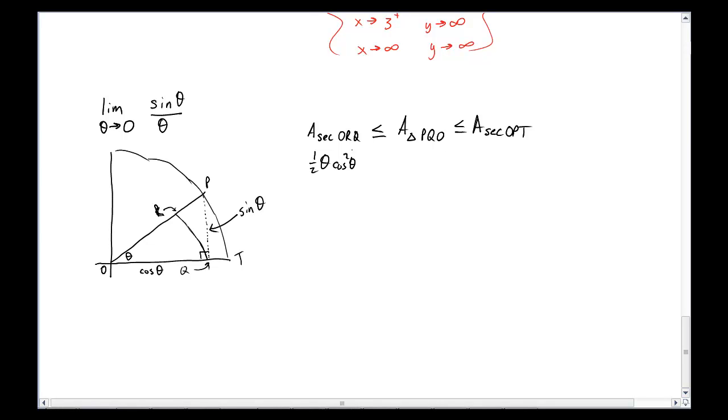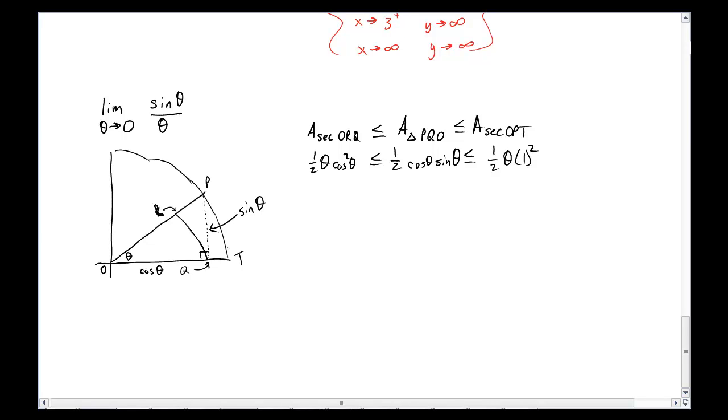And I can get the area of the triangle, which is going to be 1/2 the base, which is cosine of theta, times the height, which was sine of theta. All right, you hanging with me? And then the area of sector OPT, which of course is just similarly 1/2 theta 1 squared, because I created this as a unit circle, so the radius from O to P is 1. O to T is also 1.